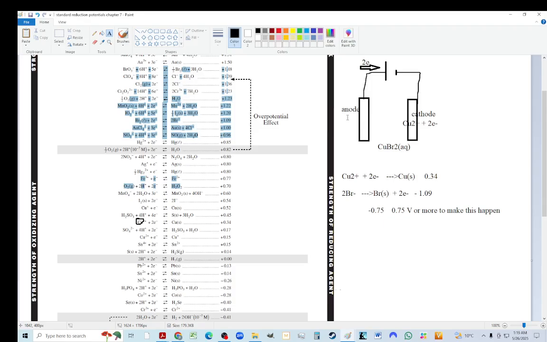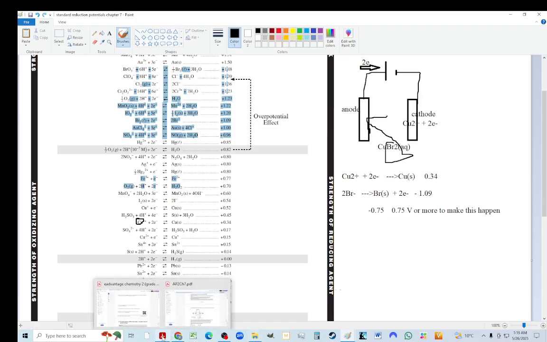And then over here, it would be coming from solution. And what's interesting here is this Br minus would be losing electrons here and becoming a solid. I don't know if it's solid on there or solid on the anode. I think it would naturally have to go to the anode to donate its electrons.